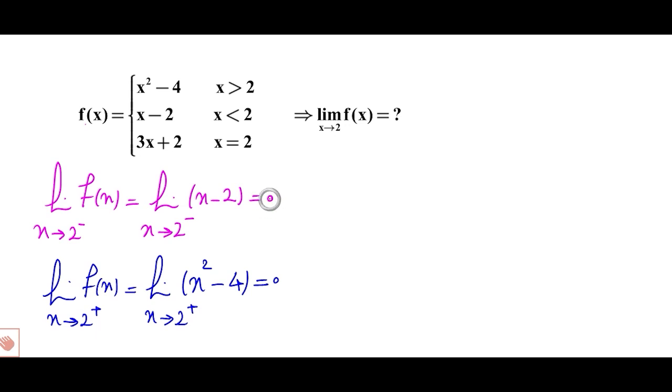So left hand limit and right hand limit are equal 0. So the limit of f of x as x approaches 2 is equal 0. And f of 2 is equal 3x plus 2 is equal 3 times 2 plus 2 is equal 8. So the limit can exist even if the function has a hole or a wrong value at that point. Okay? Let's go another example.